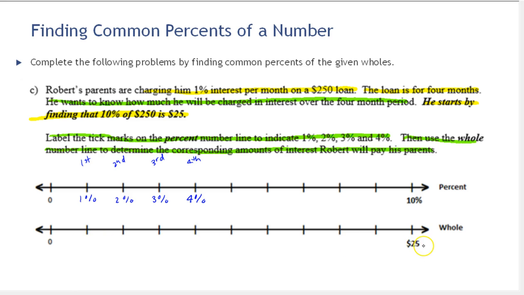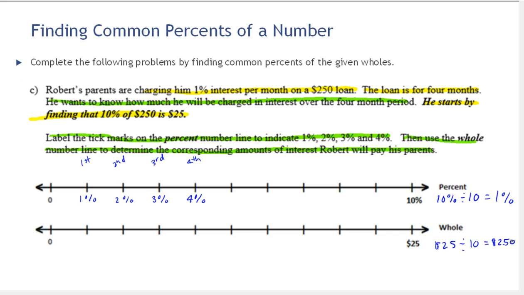Well, 25 is cut into 10 equal pieces, just like 10% was. So here, we didn't write this, but 10% divided into 10 equal pieces. Each tick mark was 1% more. And now if we take $25 and divide into 10 equal pieces, we get $2.50.